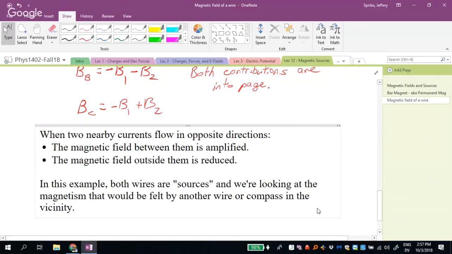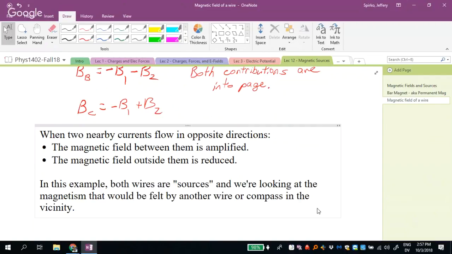Now, one thing to remember about this example is we're thinking of both of these wires as sources of magnetism. So we said wire 1 is where it is. It has its current going the one way. Wire 2 has its current going the other way. They're each generating magnetic field, and we either add or subtract their magnetic fields to determine the total magnetic field.